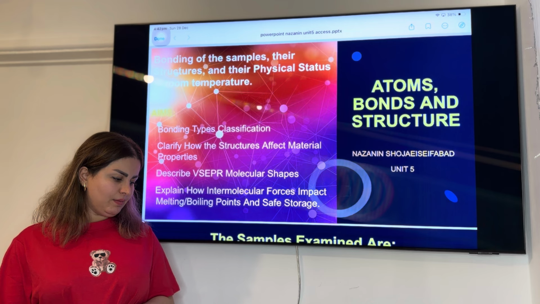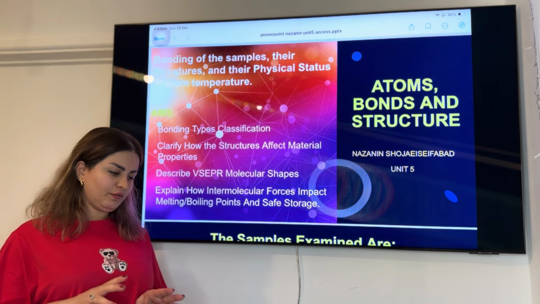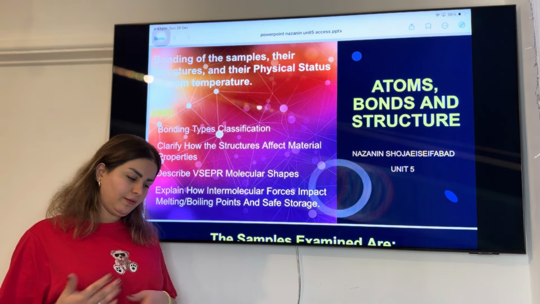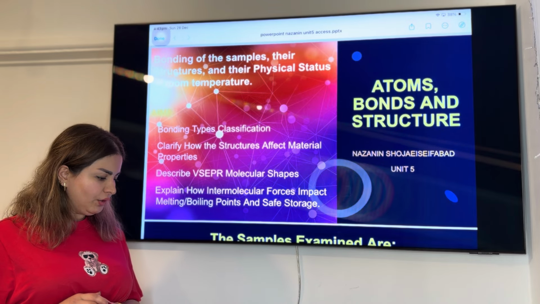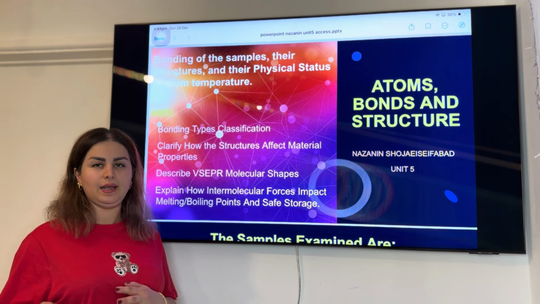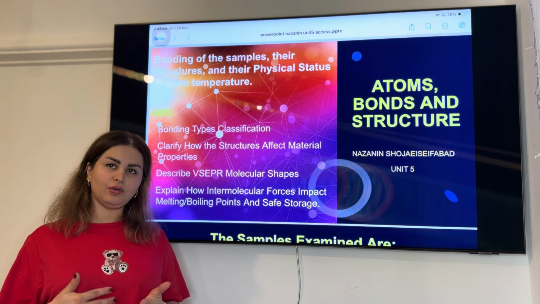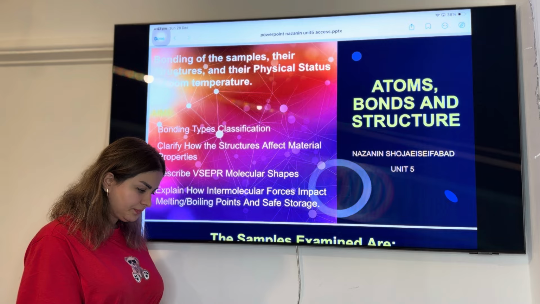The main aim of this presentation is to explain different types of bonding, show how bonding and structure influence physical properties, describe molecular shapes using electron pair repulsion theory, and finally explain the role of intermolecular forces.